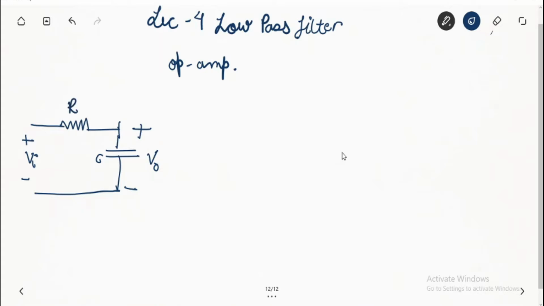Again we will apply the voltage divider rule. What we will get is AV, that is your gain, V0 upon Vi.